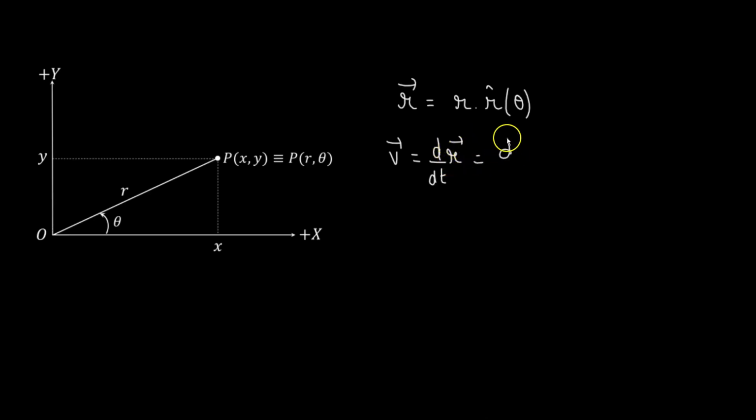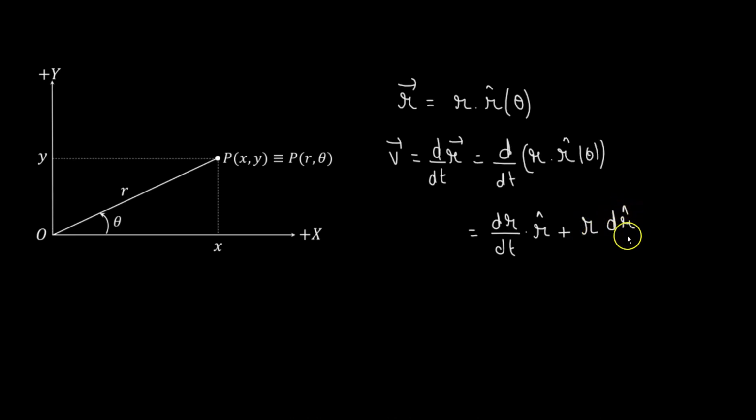So that is equal to the rate of change of r times r cap of theta. So we use the product rule, so that will be dr over dt times r cap plus r times d r cap over dt.